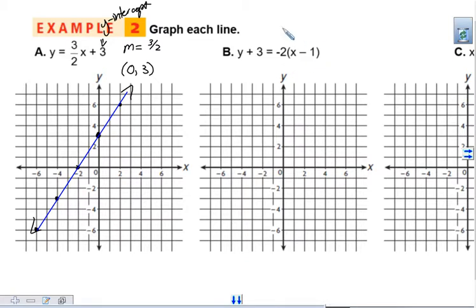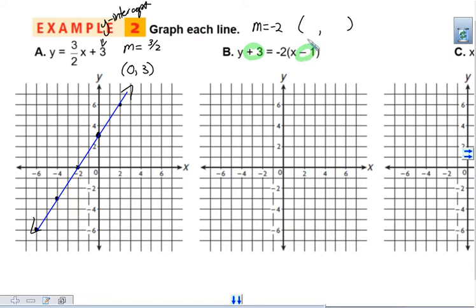The next one, we need our slope, which is -2, and then we need a point. So we need to look at what we have here. Every time you have an equation in point-slope form, you need to make sure that you change your sign when you're pulling out.